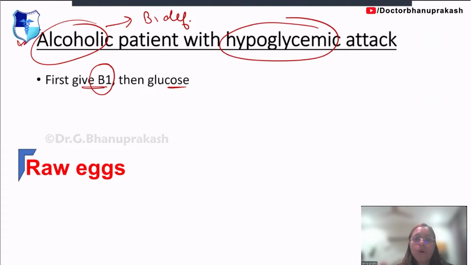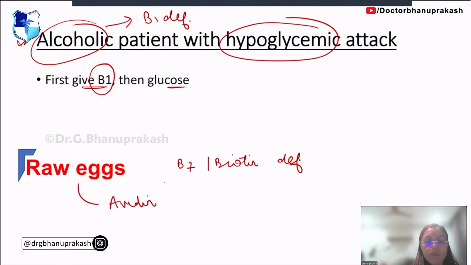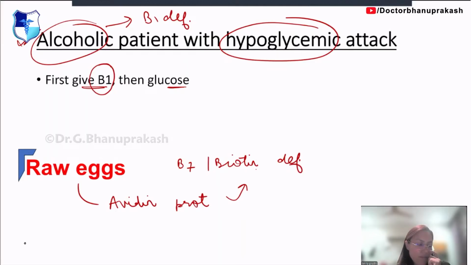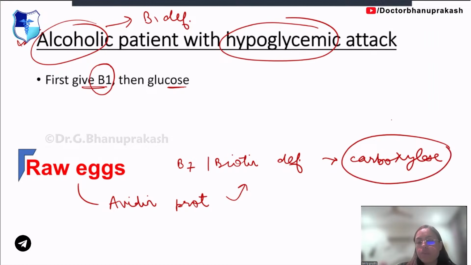Okay. Then raw eggs, a question associated with raw eggs. You all might know the question. It is B7 or biotin deficiency, which occurs after consumption of raw eggs, because raw eggs have a protein, avidin, which inhibits the absorption of biotin, right? So if biotin is affected, B7 is required for carboxylase enzymes.